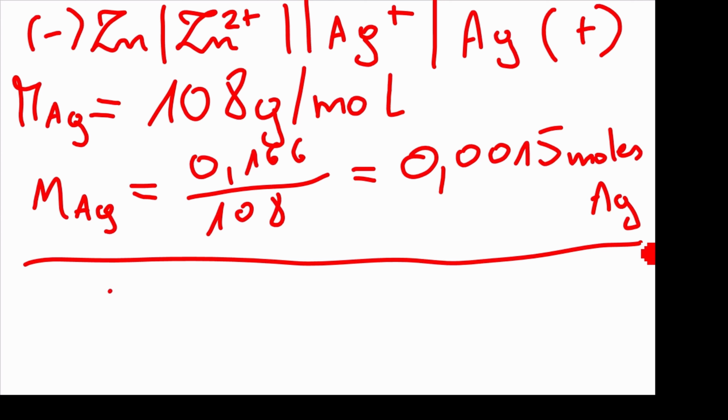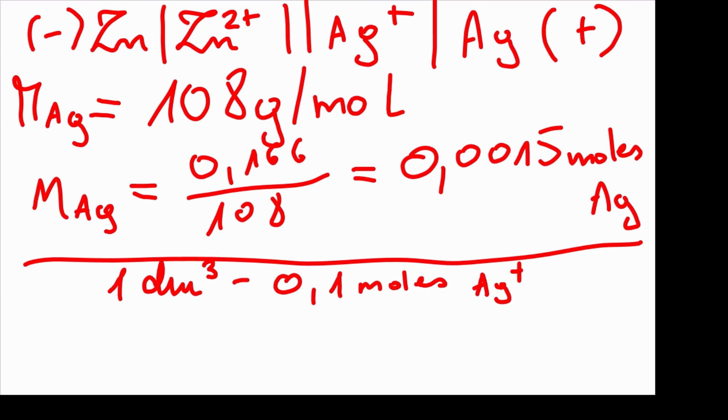Yes, so I will maybe stay using decimeters. In 1 cubic decimeter we have 0.1 moles of the silver cations.